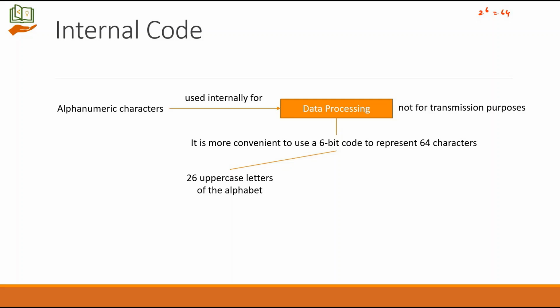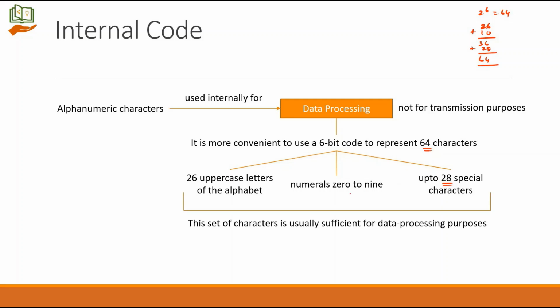This 6-bit code will represent 26 uppercase letters of the alphabet, numerals 0 to 9 and up to 28 special characters. 26 plus 10 will give 36. 36 plus 28 will give 64. So they have given up to 28 special characters it can support because of 64 characters.